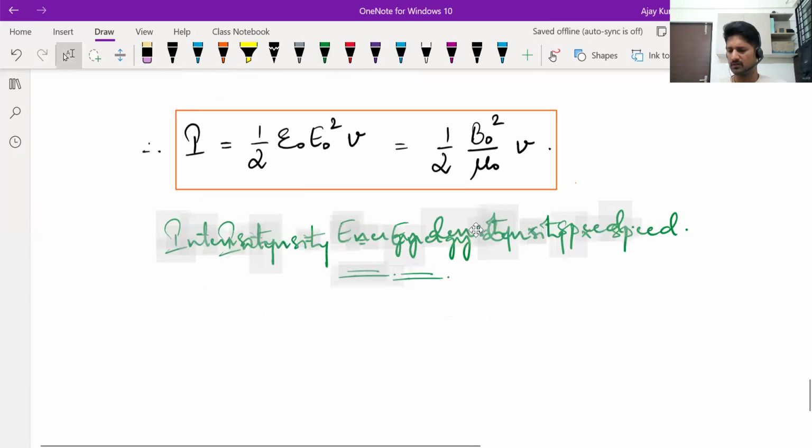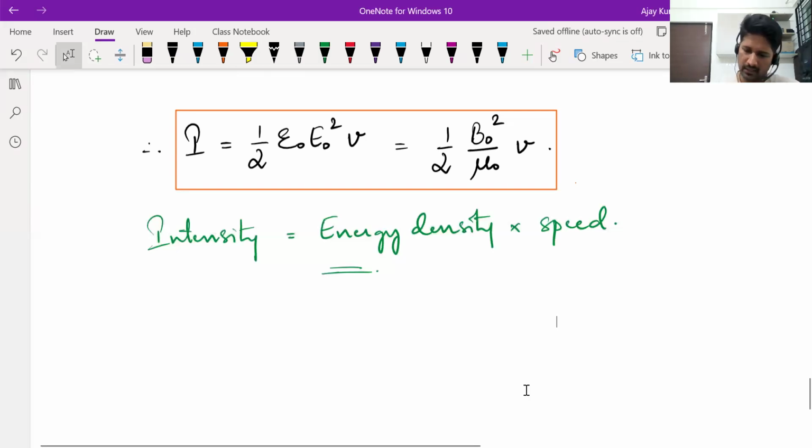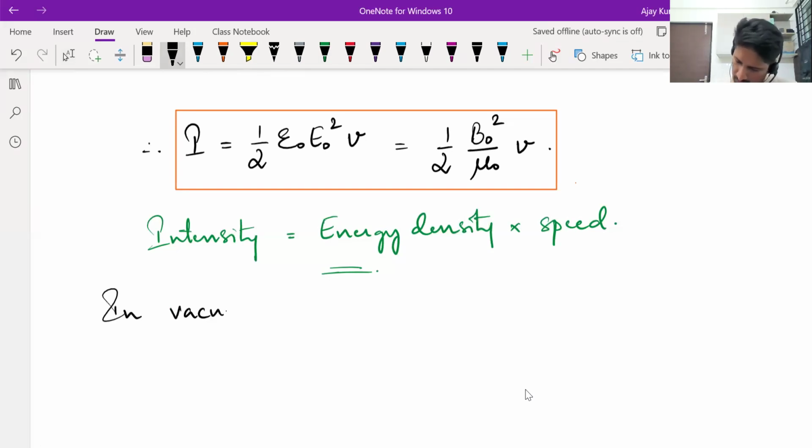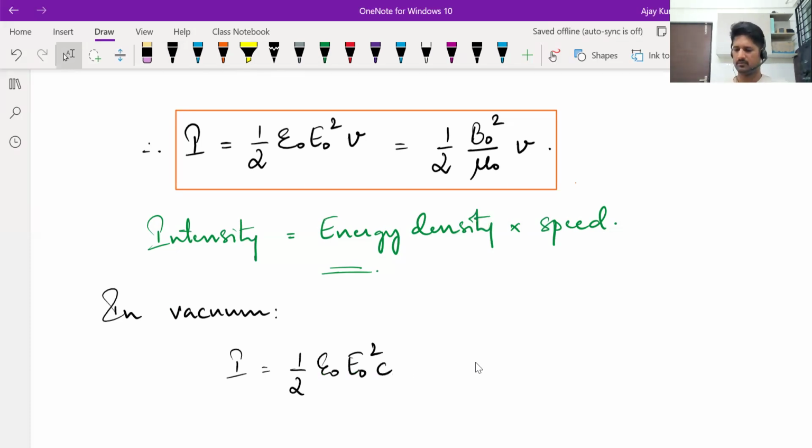Because half epsilon naught E naught square is nothing but the average energy density, and V is the speed. In vacuum, the expression changes to half epsilon naught E naught square into C, because C is the speed of electromagnetic waves in vacuum.